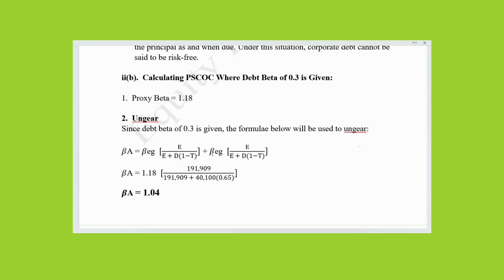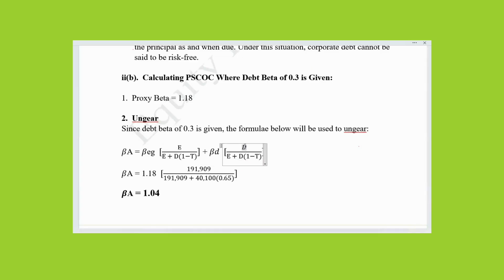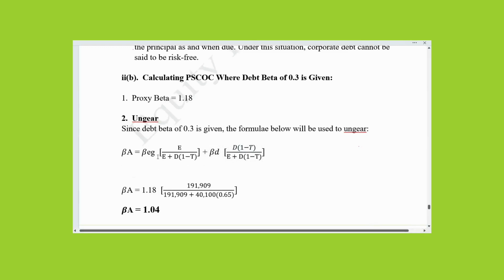So beta equity, this will be debt beta, BD is debt beta, over debt value, multiplied by debt value, 1 minus tax. This is the formula I gave to you last week to ungear where debt beta is given. So we are given debt beta of 0.3.